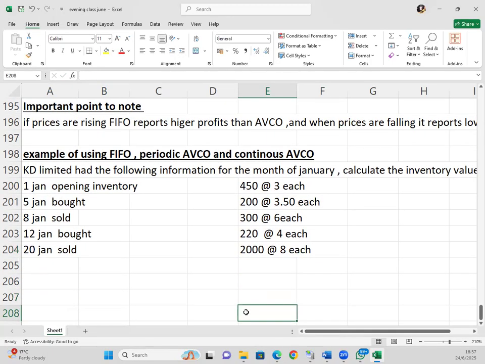So we want to work out the value of inventory. Firstly, we are going to use the FIFO method.